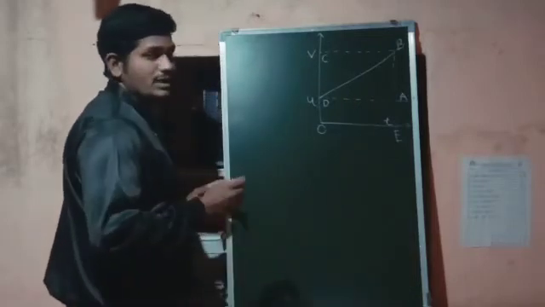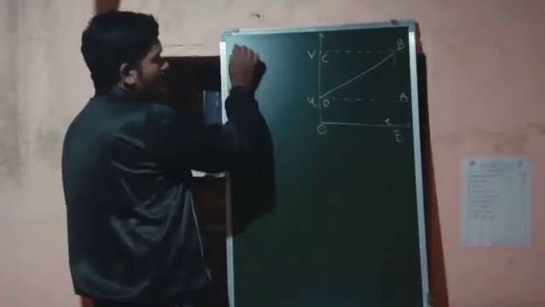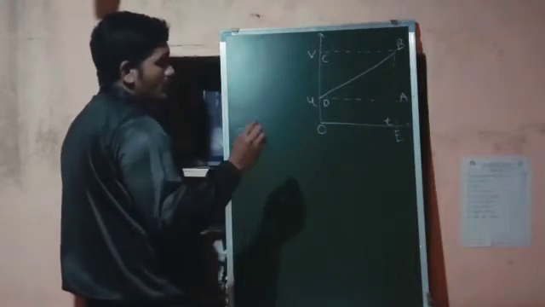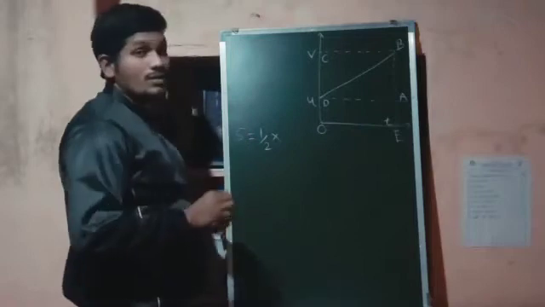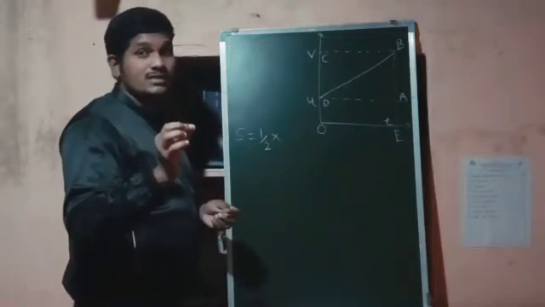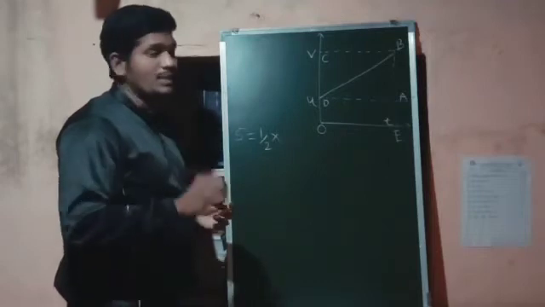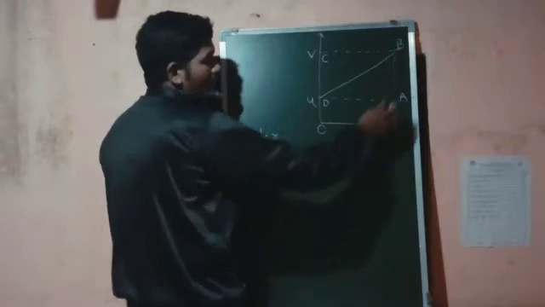So according to that formula, S, which means area, is equal to half, as it is, into the sum of lengths of parallel sides. We have to add the parallel sides. Which are those? OD is parallel to BE.